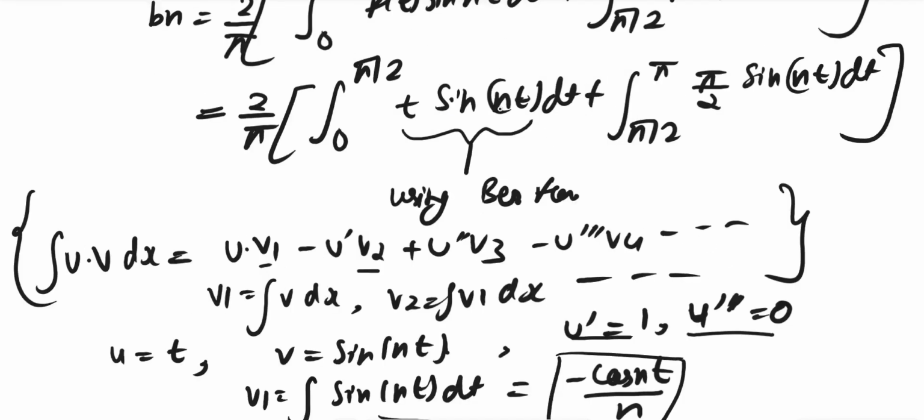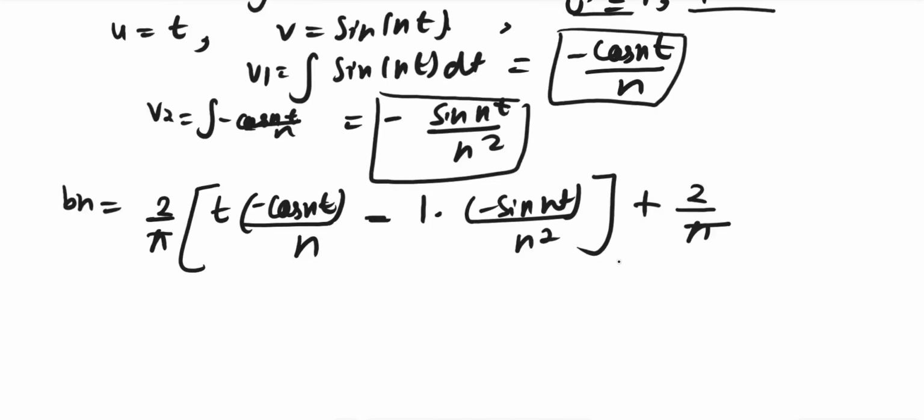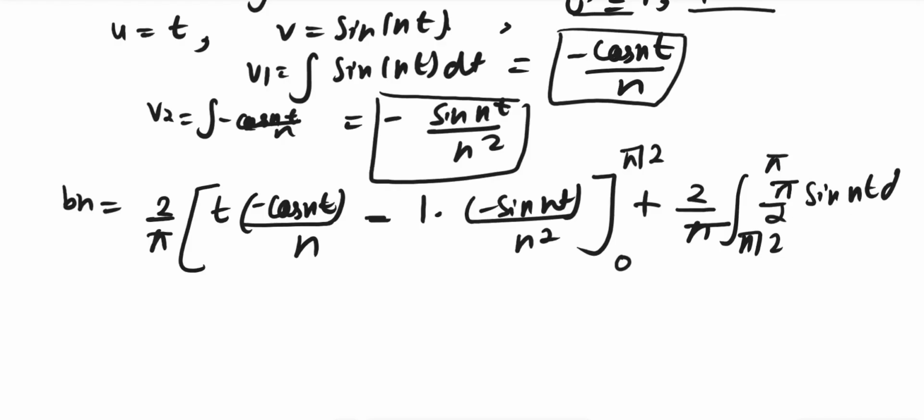2 by pi, it was integration from pi by 2 to pi of pi by 2 sine nt dt, and this first limit is from 0 to pi by 2. So put the limit 0 to pi by 2. Here the second integral is from pi by 2 to pi of pi by 2 sine nt dt.